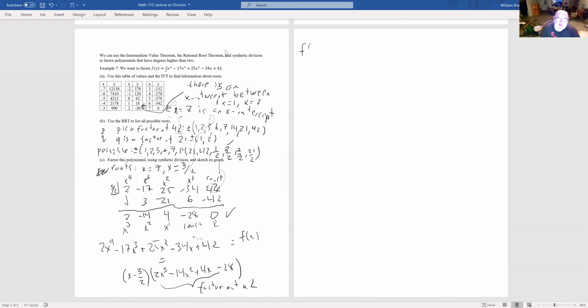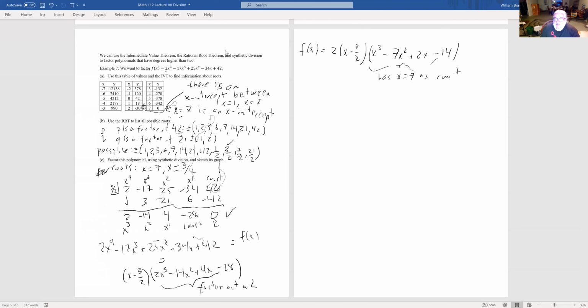So f of x is 2 times x minus 3/2 times x cubed minus 7x squared plus 2x minus 14. And I know this has x equals 7 as a root.